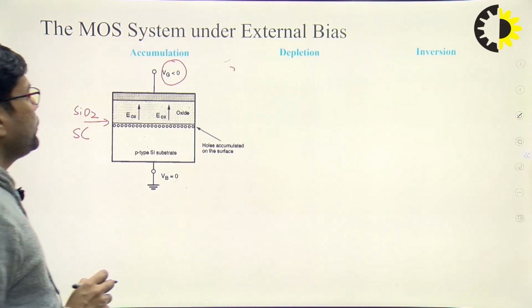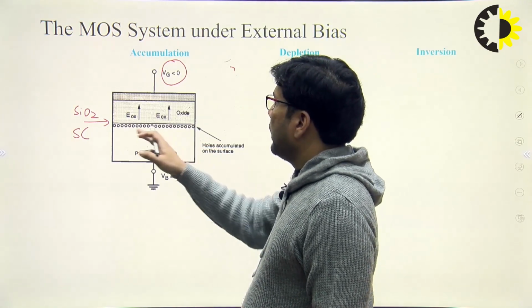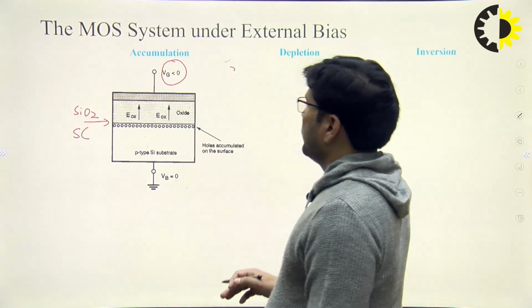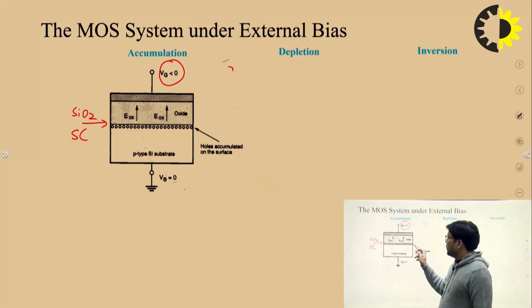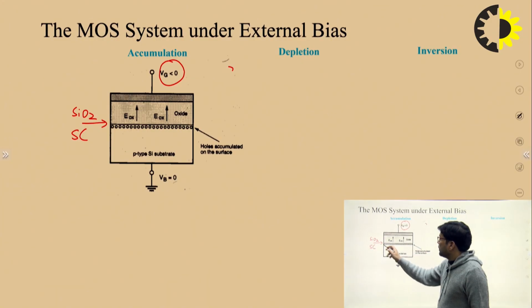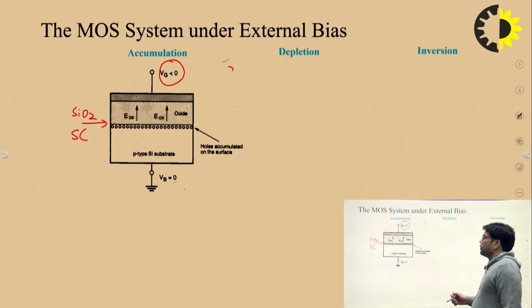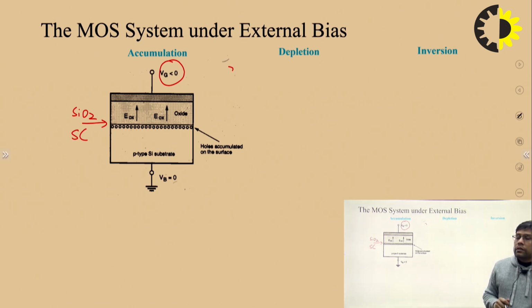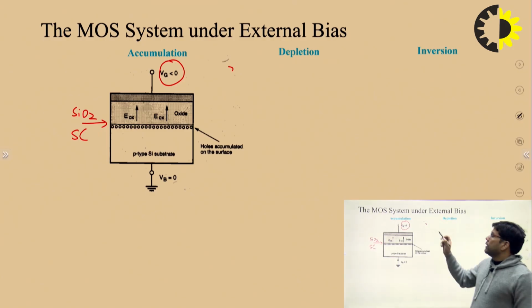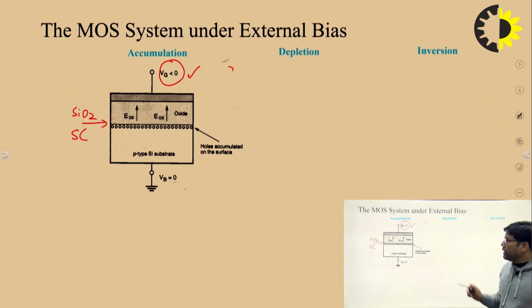So majority carriers, that is holes, are attracted towards the interface and accumulated at the interface. So a layer of majority carriers is formed at the interface, and this accumulation of majority carriers is known as the accumulation process, right.